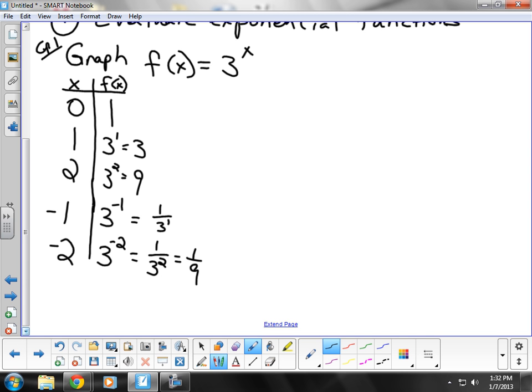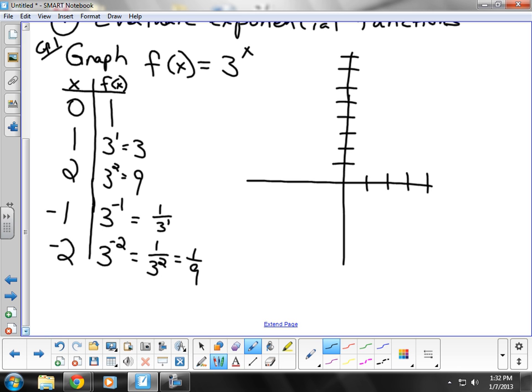So let's just plot these points, because we can always plot points and graph something, right? For the first point, you go left or right 0 and go up 1.